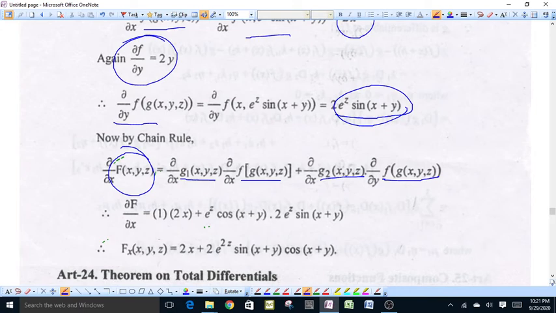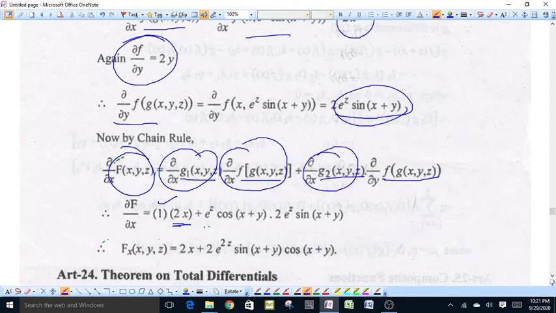Now, we put in the values: the partial derivative of g1 is equal to 1, and the partial derivative of f of g is equal to 2x, and the partial derivative of g2 with respect to x is equal to e^z cos(x+y), and the partial derivative of f of g with respect to y is equal to 2e^z sin(x+y).